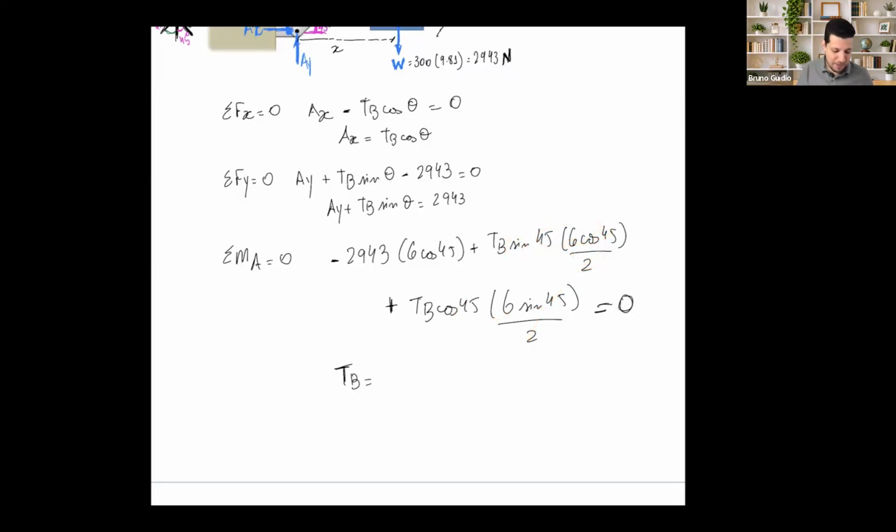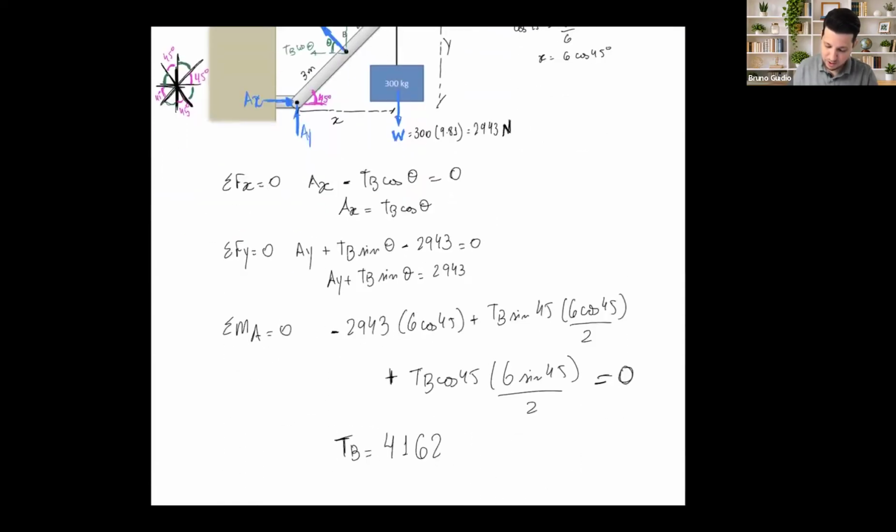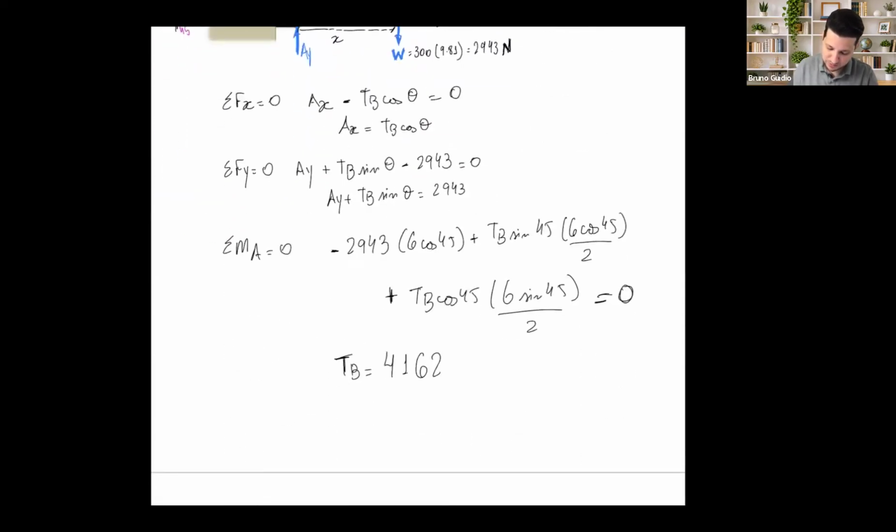And then I'm going to divide by sine 45 times 6 times sine 45. All right. So TB, that's the number I was looking for. Close to 4162. 4162 newtons.